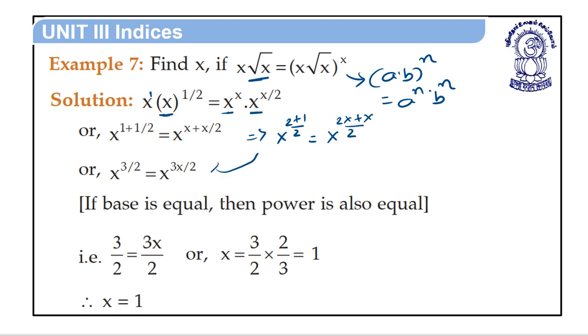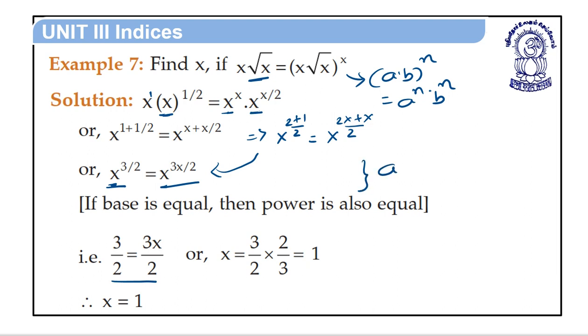So the next step is x raised to 3 by 2 is equal to x raised to 3x by 2. If the base is equal, here base x both are equal, so the power is also equal. So we can write 3 by 2 is equal to 3x by 2.